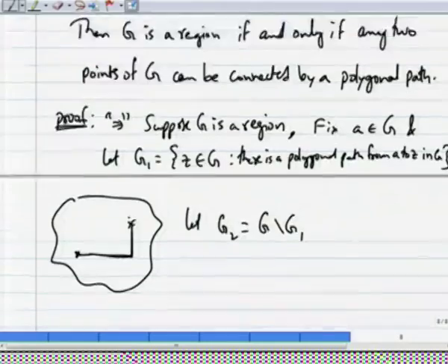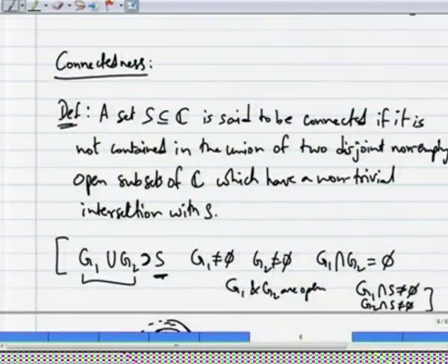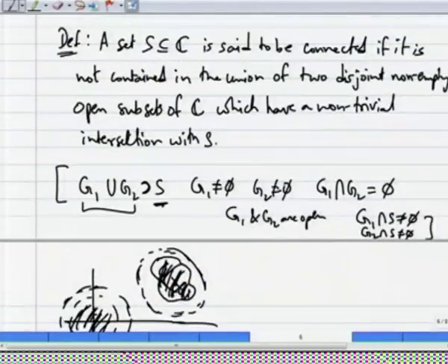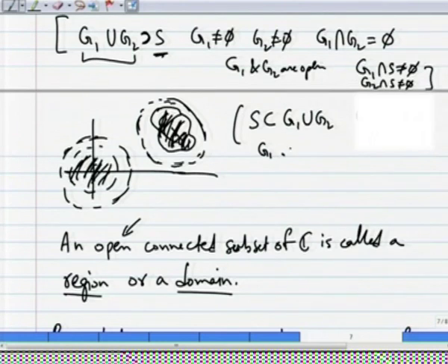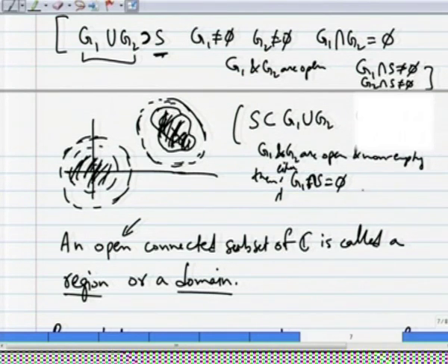So, by the definition of connectedness, another way to say this definition is that if you are able to express S contained in G1 union G2, where G1 and G2 are open and non-empty, then either G1 intersection S is empty or G2 intersection S is empty.